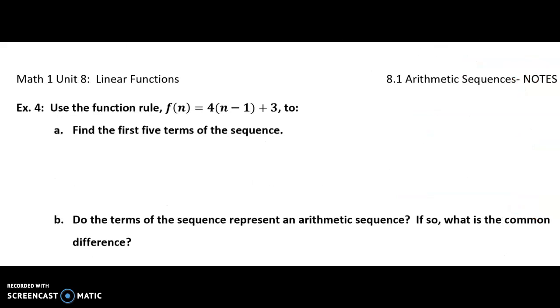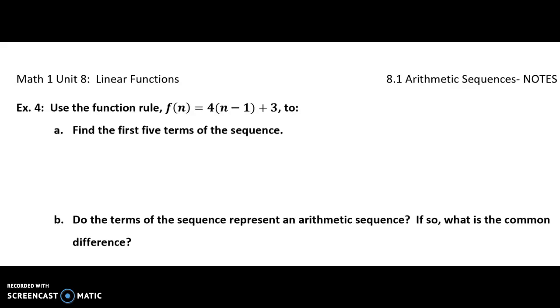All right, so for example number 4, we are given this function rule, f of n equals 4 times (n minus 1) plus 3. And we're being asked to find the first 5 terms of the sequence. In this example, n is going to represent the term number.